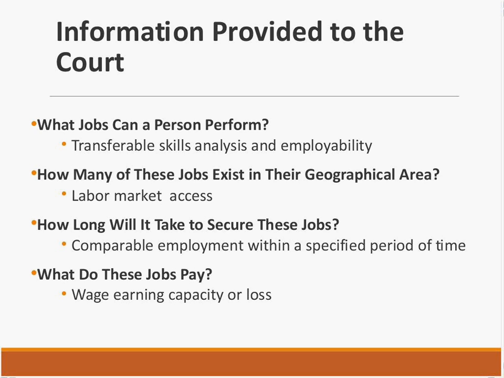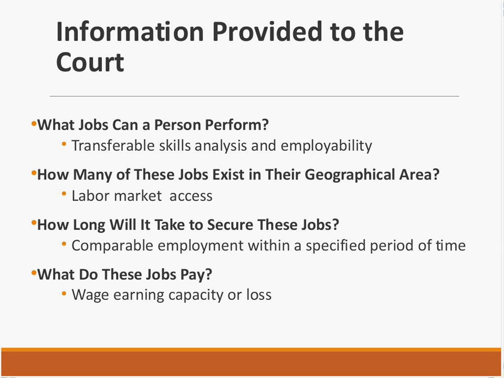The next question that the court sometimes looks to me to try to answer is, how many of those jobs exist in their geographical area? Which is an obvious question to ask once you've identified a job that an individual can perform the essential functions of. That particular process in our field is known as a labor market survey.